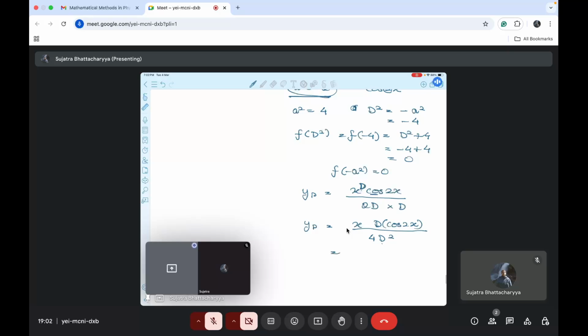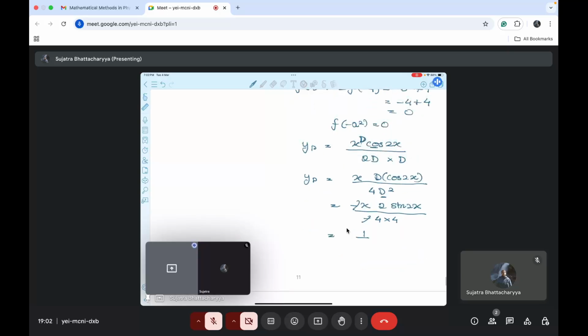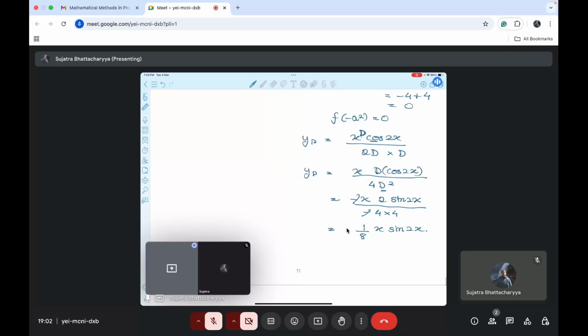Now you put d square equal to minus 4, and this will be minus 2 sine 2x, and this will be 4 into minus 4, which is minus 16. So it will be 1 by 8 x sine 2x. Okay. So this is how we find out the particular integral.